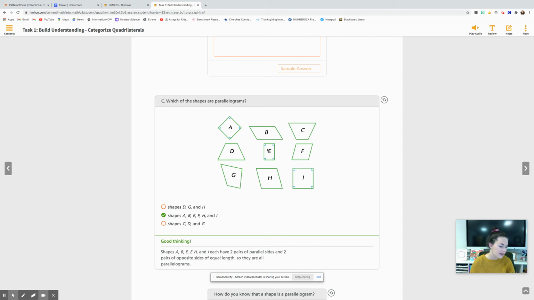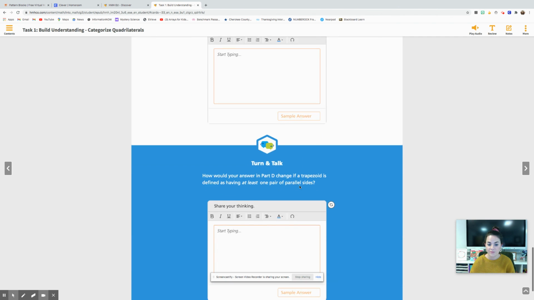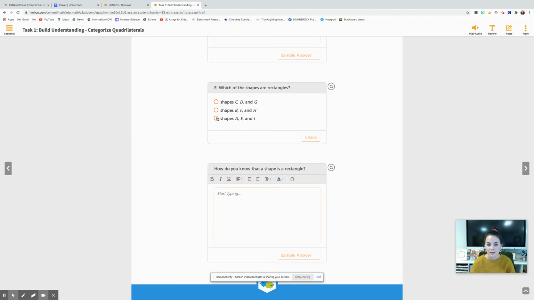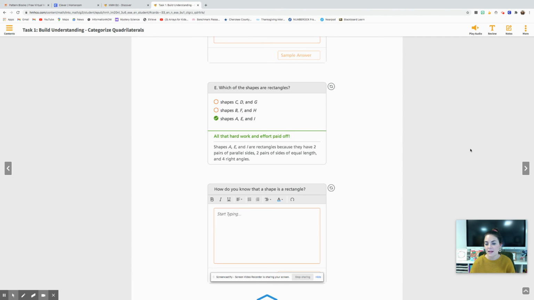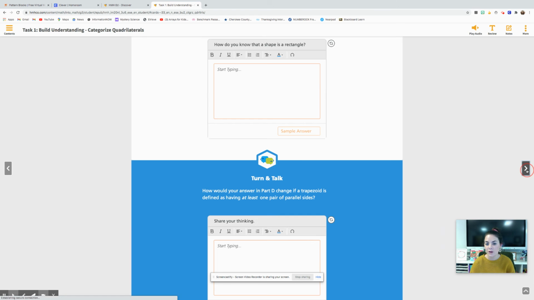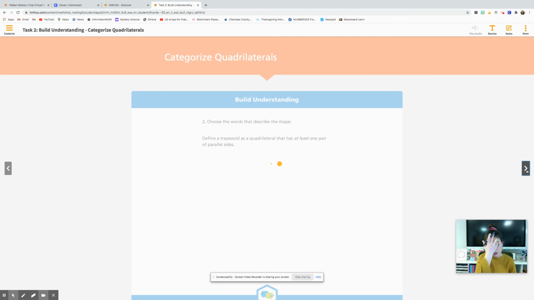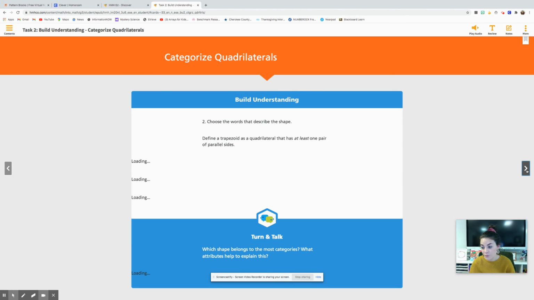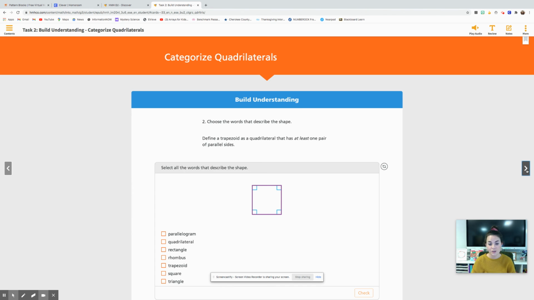E is already a rectangle, and so is I. Okay, I is a square that can be stretched. These have 4 sides, and their opposite sides are parallel and equal. Okay? So go back through and pause that if you need to so you can rework and test your knowledge. But that was a quick rundown of those problems and answers to help you go through it.